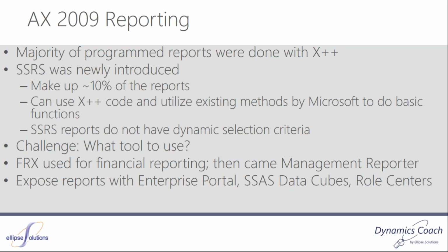One of the downsides to the few SSRS reports that are in 2009 is the option for dynamically selecting criteria and fields to add into the report. The functionality to do that doesn't appear until AX 2012.